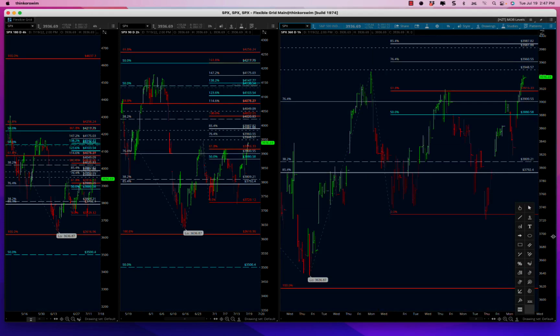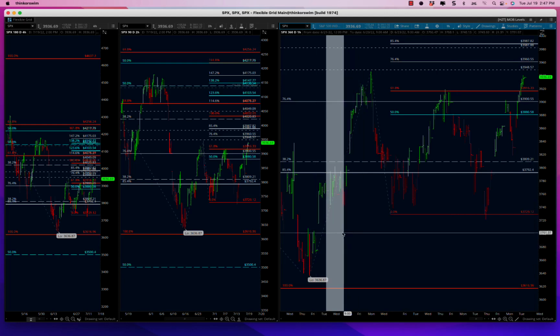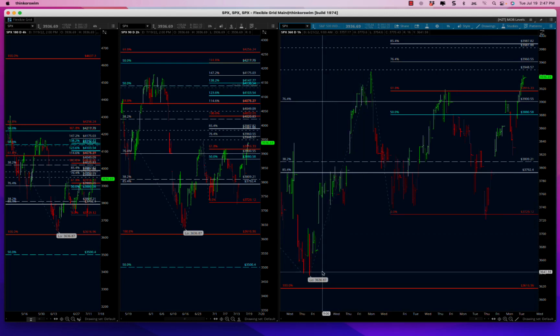That's a good one to use. Price will always move either up, pull back, up, pull back, up, pull back. Price will never move in a straight line, right?